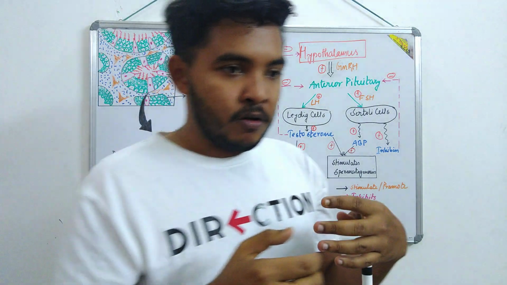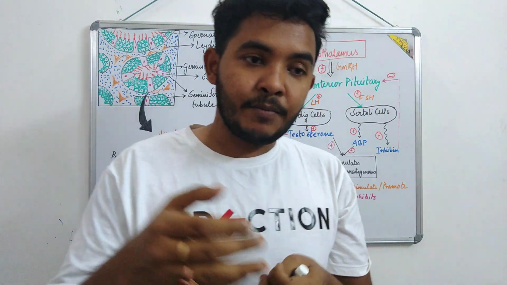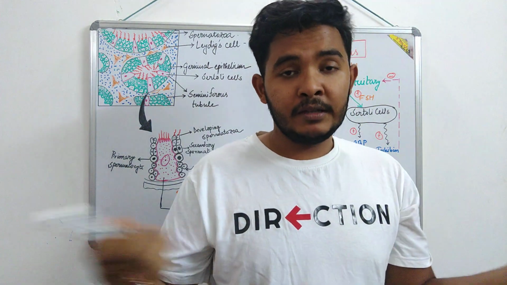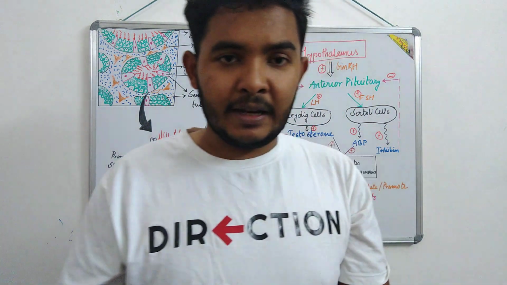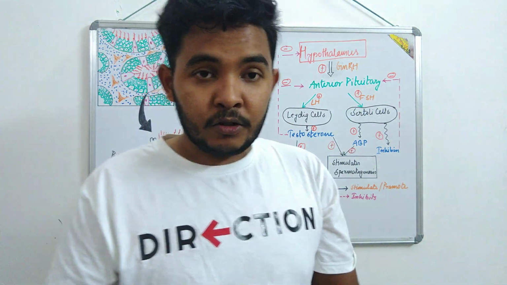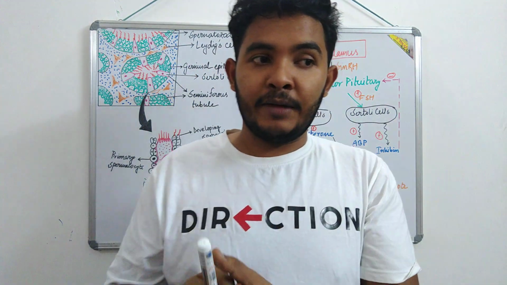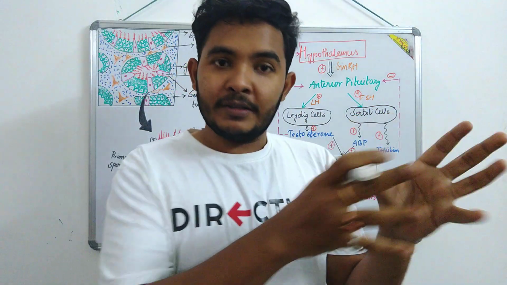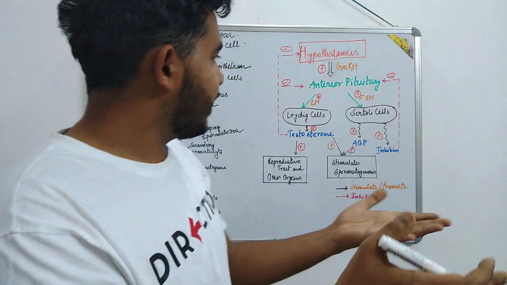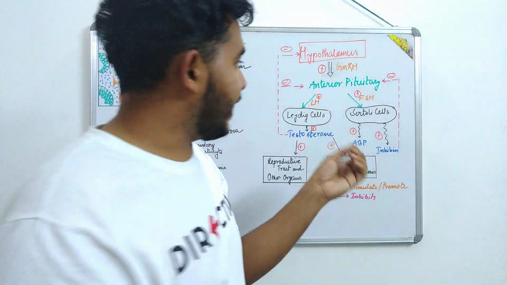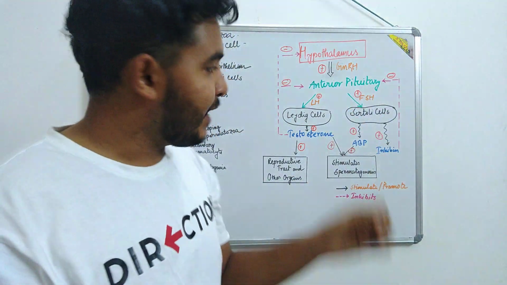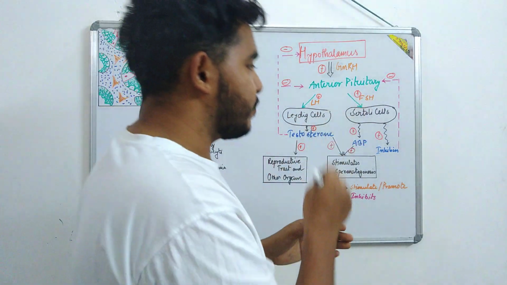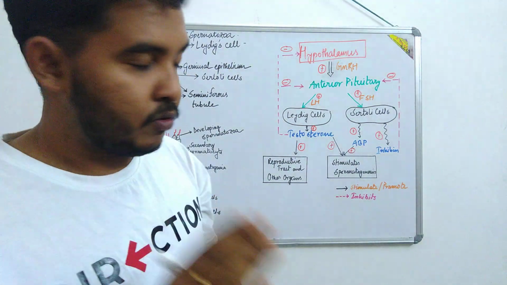Like that, prolactin is a hormone that helps in the secretion of the mammary gland, and there are corticotrophs that secrete ACTH. So the anterior pituitary has particular cells called gonadotropins, which help to secrete LH and FSH. LH means luteinizing hormone and FSH means follicle stimulating hormone.